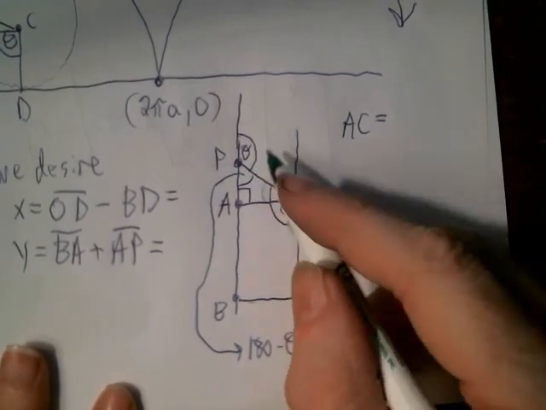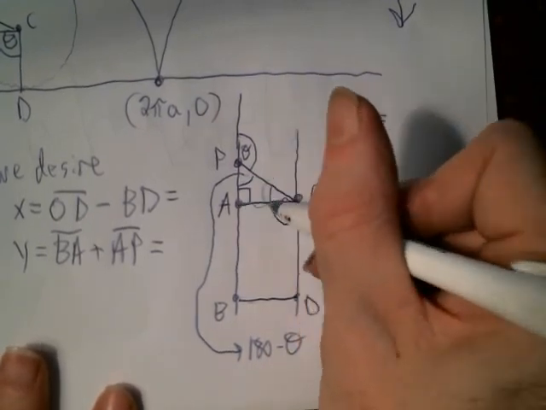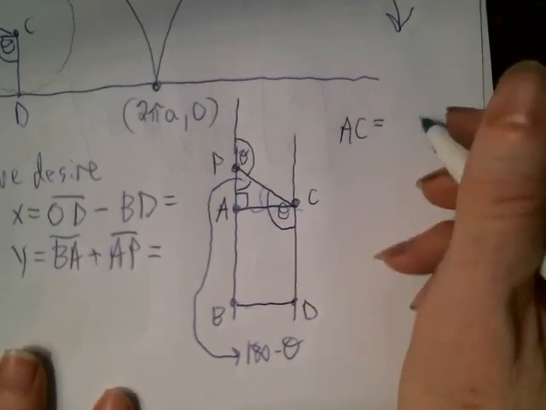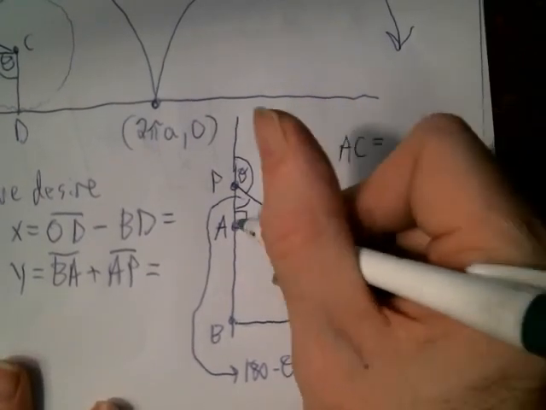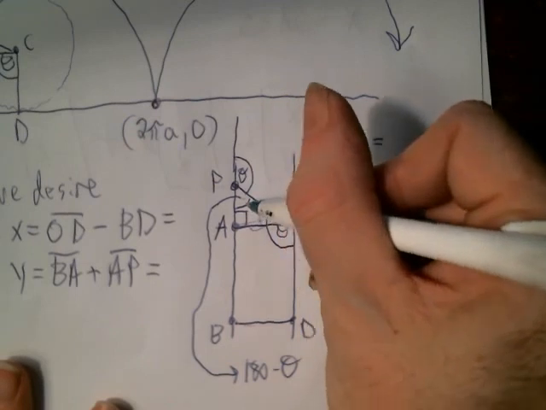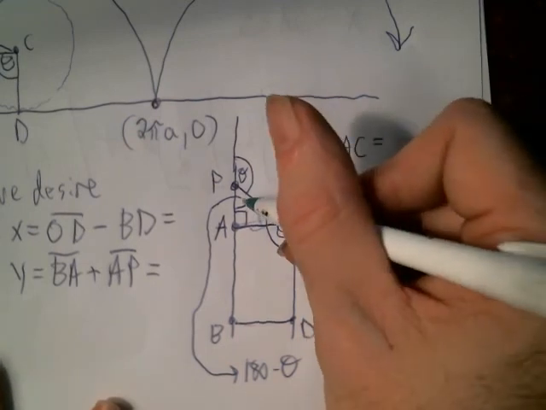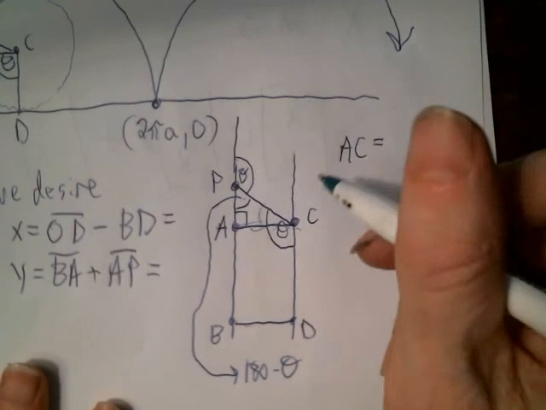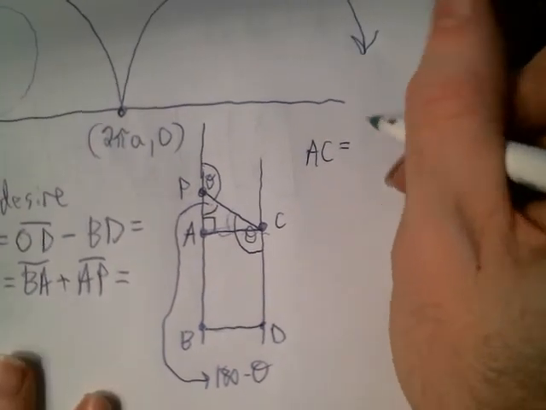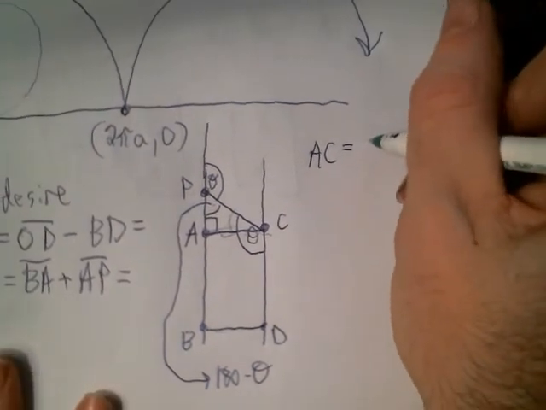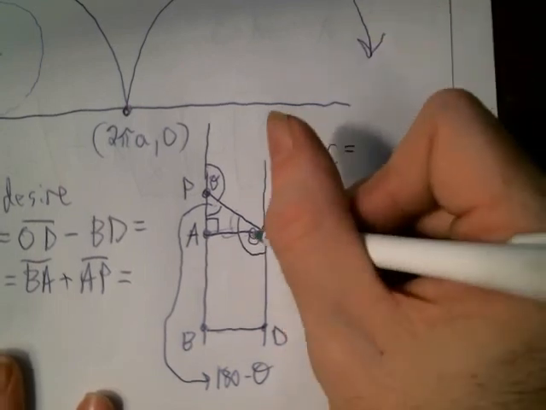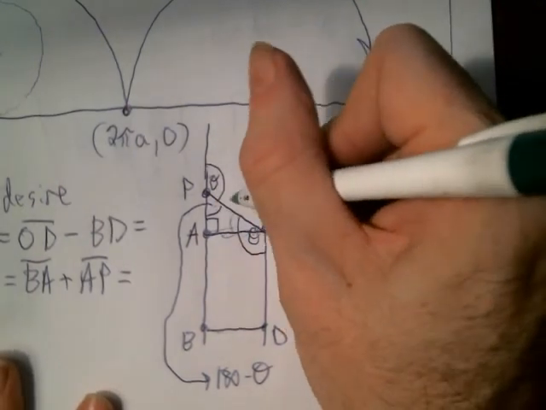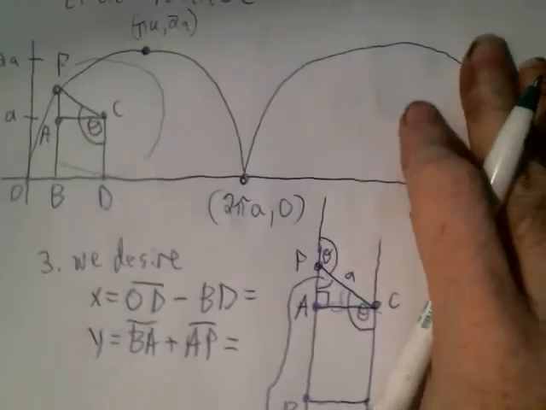Okay, so working with this angle, I can get AC using trig. AC is the opposite side of this angle here, so that's what I want. The opposite side of this angle is AC, all over this length here. This length here is just the radius of the circle.